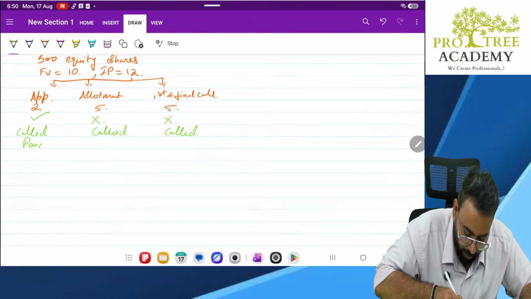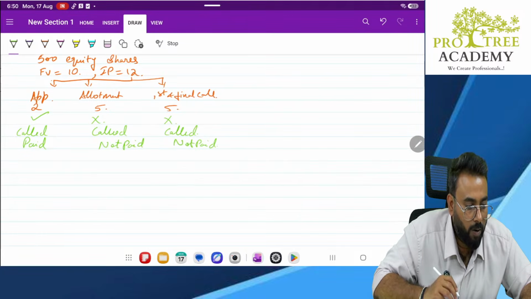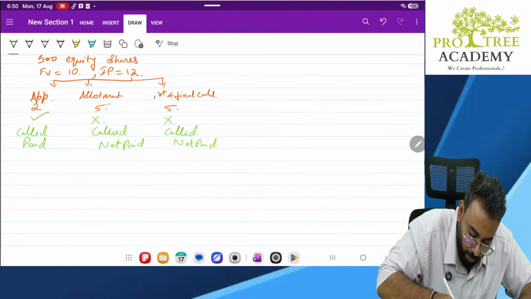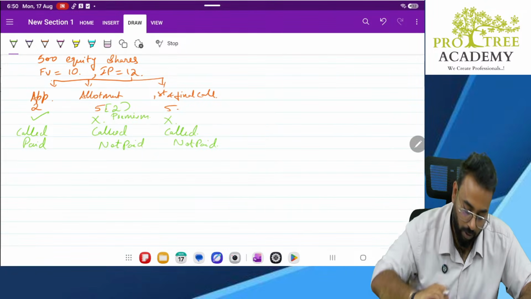Let's assume the premium of 2 rupees was on allotment. Okay, but it is also not paid.